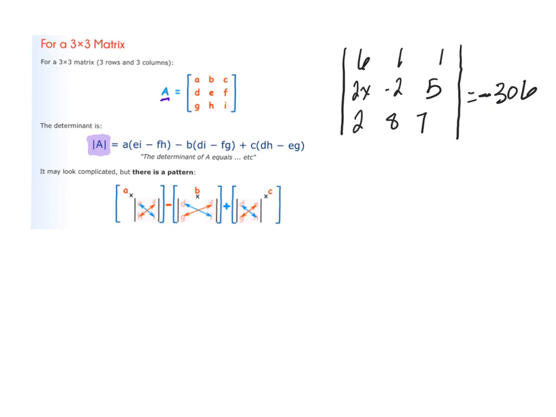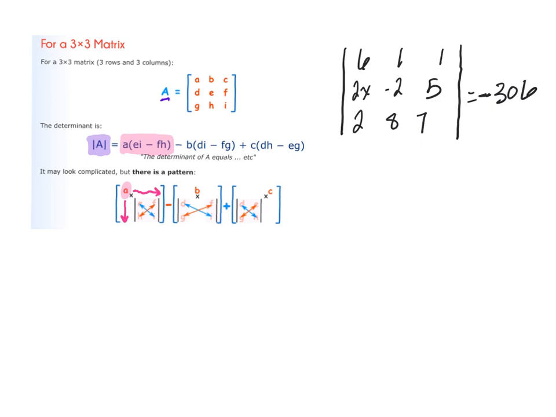If we take the first set here, this is A, and I'm not using any of the numbers in its row or column. I'm only using the ones that are not in the same row or column. Then I multiply them crosswise.